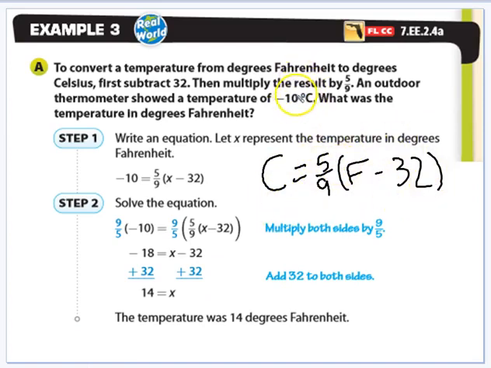They gave me Celsius, so I'm replacing this C with a negative 10, and then they tell me to use an X instead of the F. All right?